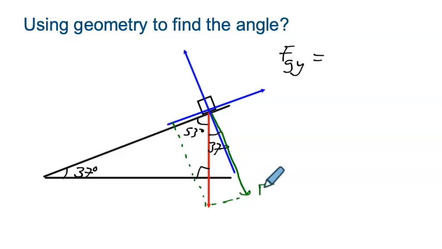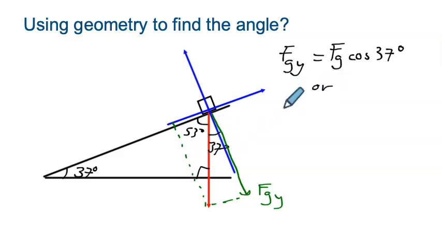That's my FGY. So I have two options. Either it's the side that is adjacent to the 37 degrees, which is the standard way to do it. So we can write it as FG cosine of 37 degrees. And you see we use the cosine even if it's on the y-axis, just because of where the angle is.